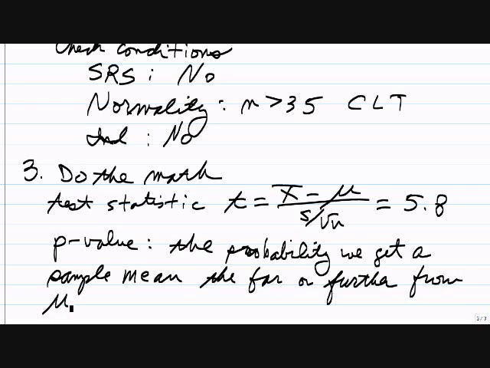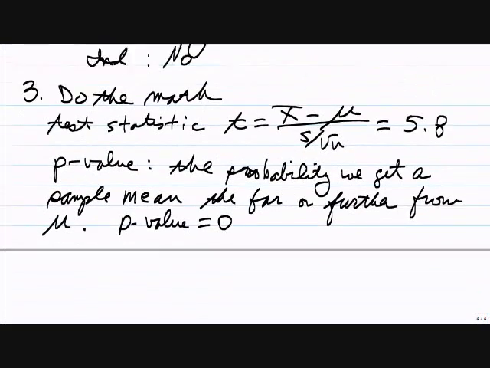That'd be mu. And what was that probability? Oh, well, that p-value was 0. Which means it's very rare. So we'll go into the interpretation of that a little bit more tomorrow.